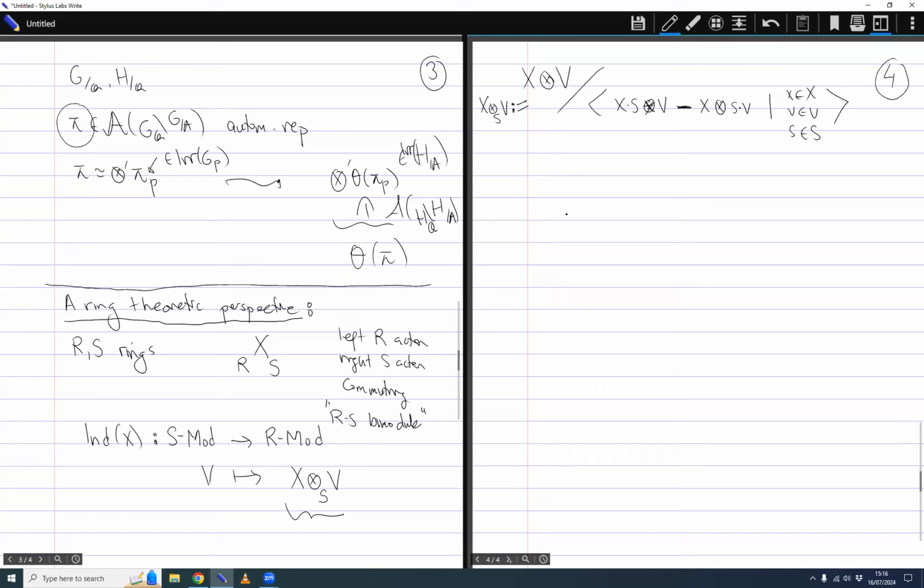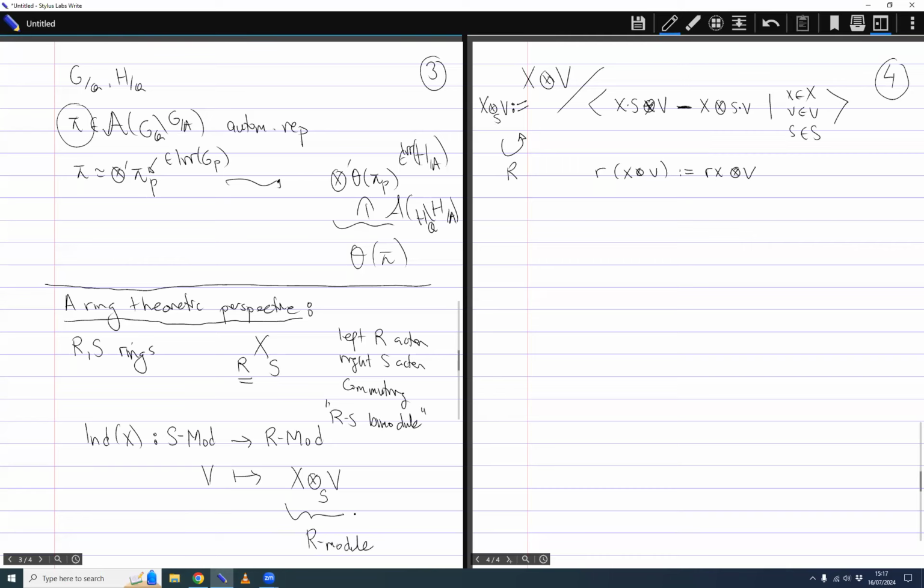And remember that X admits an action from the left by R, so this is an R module. How does R act? R acting on X tensor V is simply defined to be rx tensor V. Because the actions of R and S commute, this action descends to the quotient, so the balanced tensor product becomes an R module.